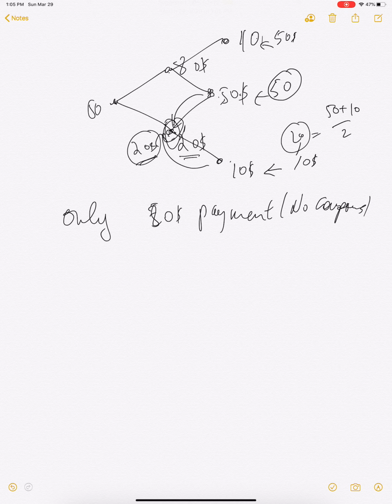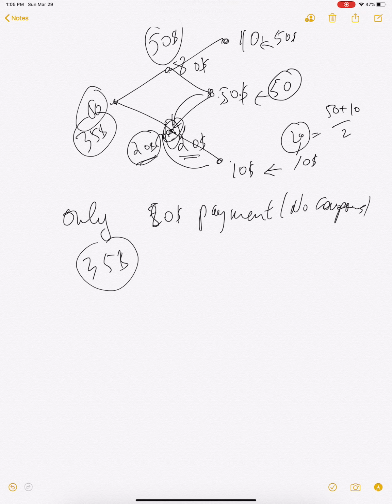So you have 20, and here, when you do the discount, this is going to be 50. Okay? So now, what is the average between 20 and 50 when you're going back here? So 20 plus 50 divided by 2, this is going to be 35.